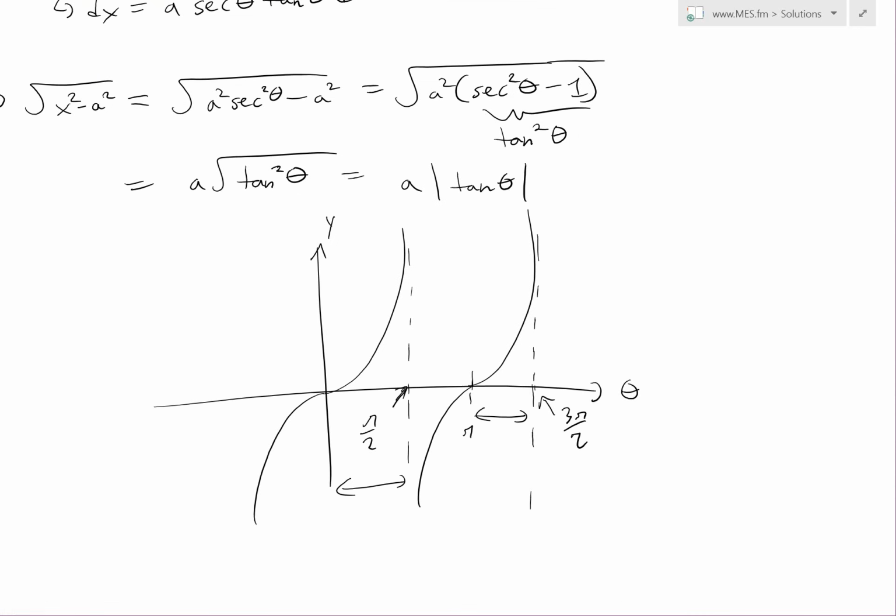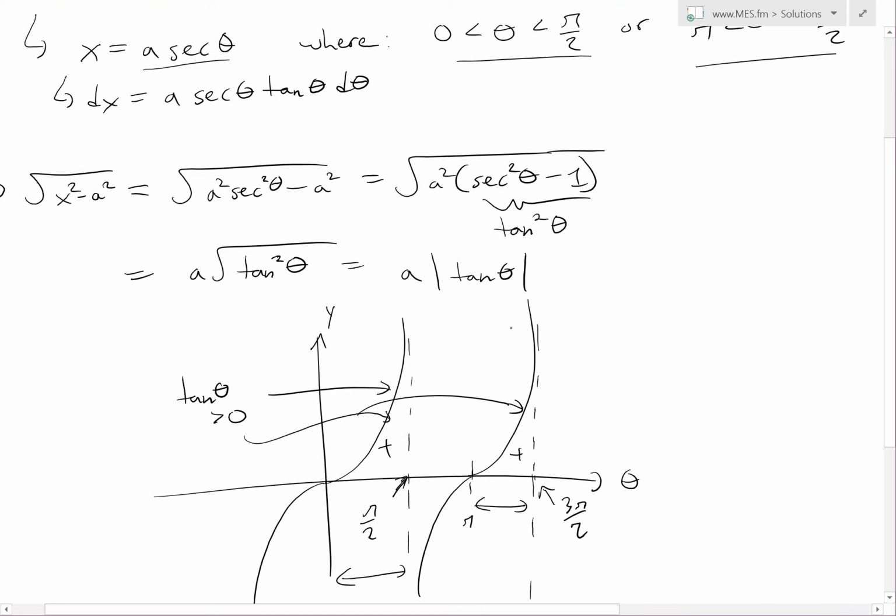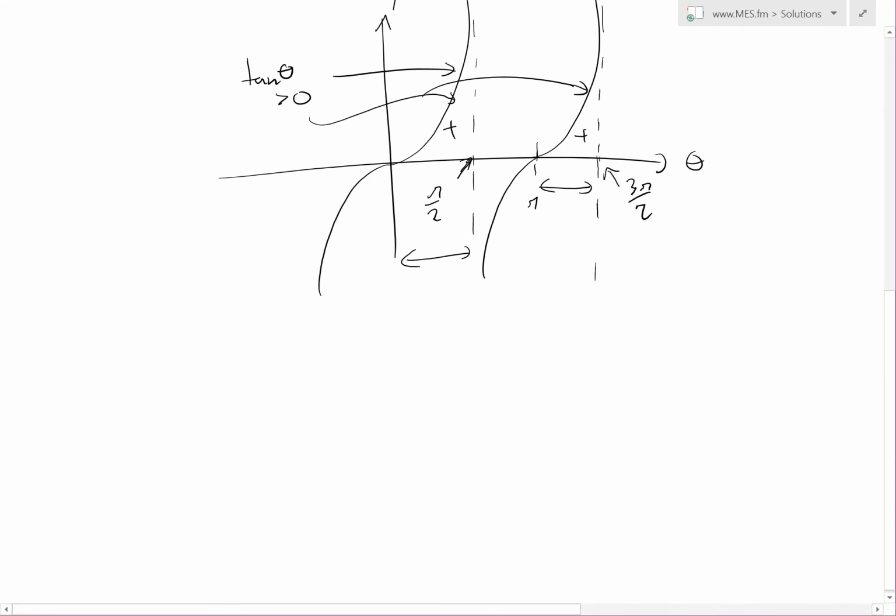So as you can see, this tan theta, this curve, is greater than 0, so we have a plus. So basically this is greater than 0 in this range and this range, or this domain. So if it's greater than 0, we can remove these absolute value symbols, so we get a tan theta. So that's what this square root expression equals.